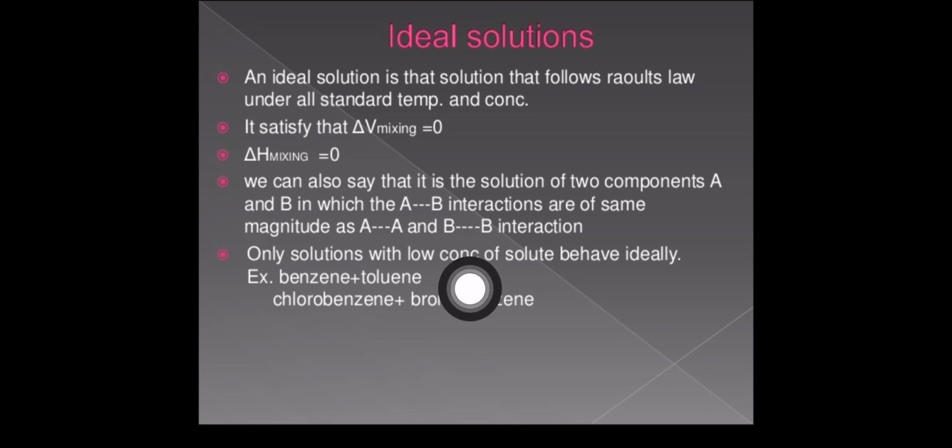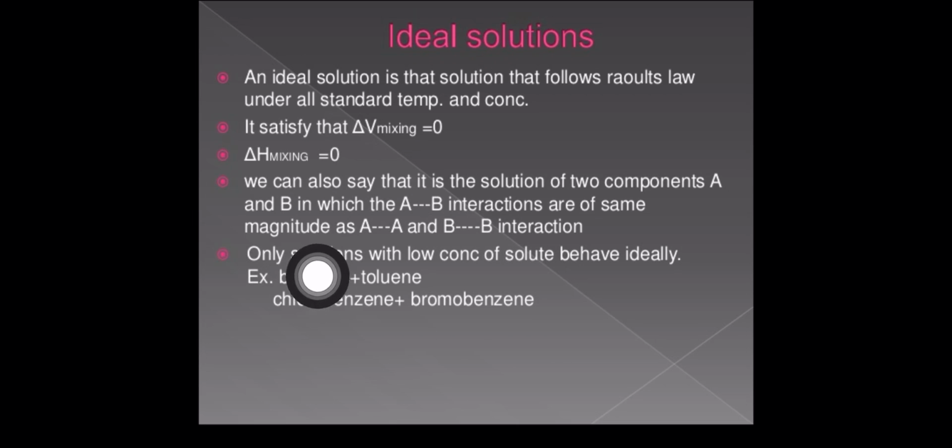Only a solution with a lower concentration of solute behaves ideally. Means the solution in which there is a low concentration of solute behaves ideally. For example, benzene and toluene. Another example is chlorobenzene and bromobenzene.